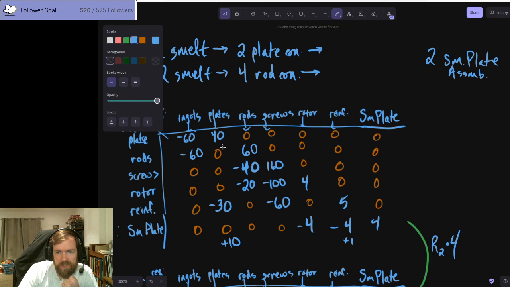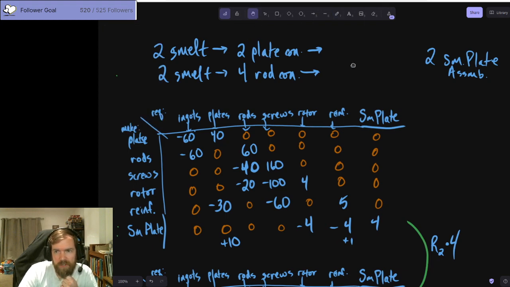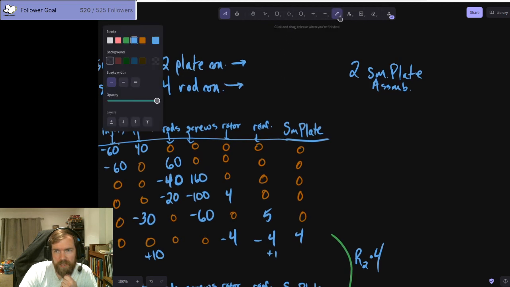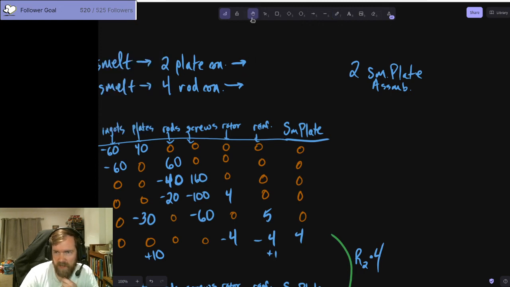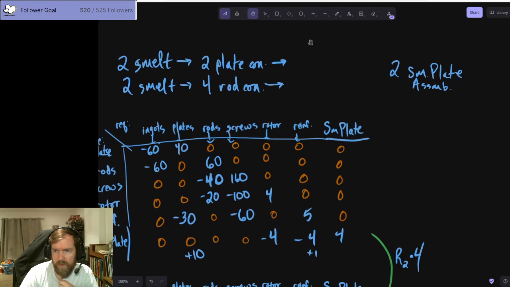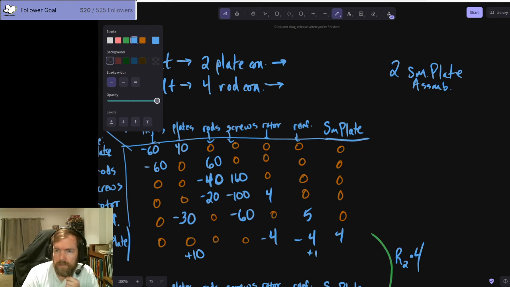Okay, so this is going to be interesting. So the 2 plate constructors, we're going to have one feed directly into, what is that, rotor? No, reinforced, of course. Alright, one feeds directly into a reinforced assembler.